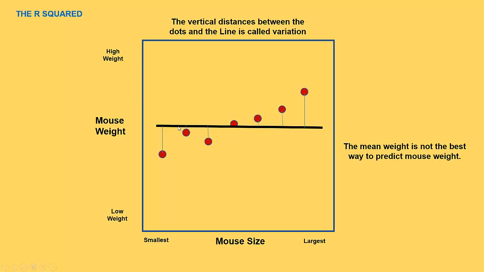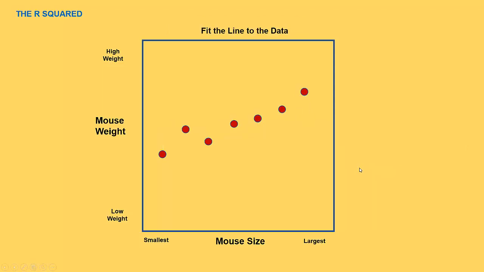So by observation we can say that this model, the mean weight model, is not the best way to predict the mouse weight. So what we do now is shift the line so that this variation, the vertical distances, can become smaller and smaller. So let's take another line.